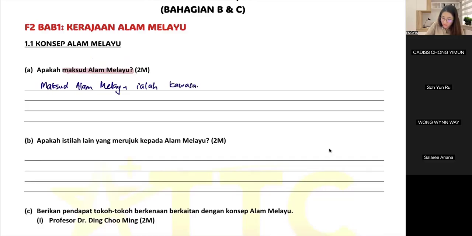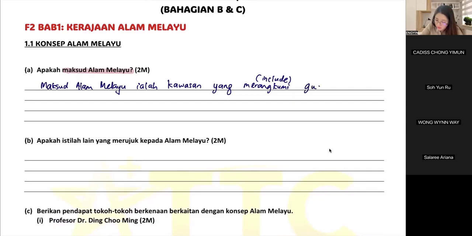kawasan, a location, yang merangkumi, which includes, which area? Remember, in alam Melayu, alam refers to nature, right?